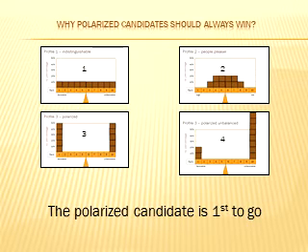The bad apple sort method, which is a variation of the Coombs method, successively eliminates the candidate with the most last place votes until only the prize apple remains.